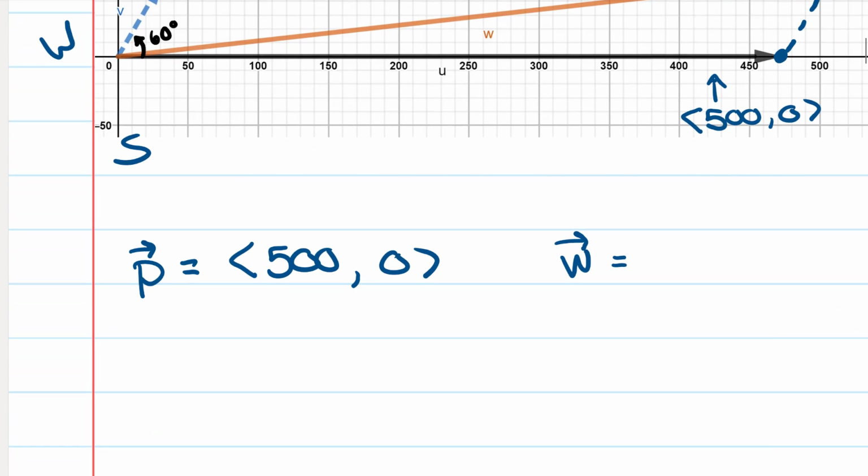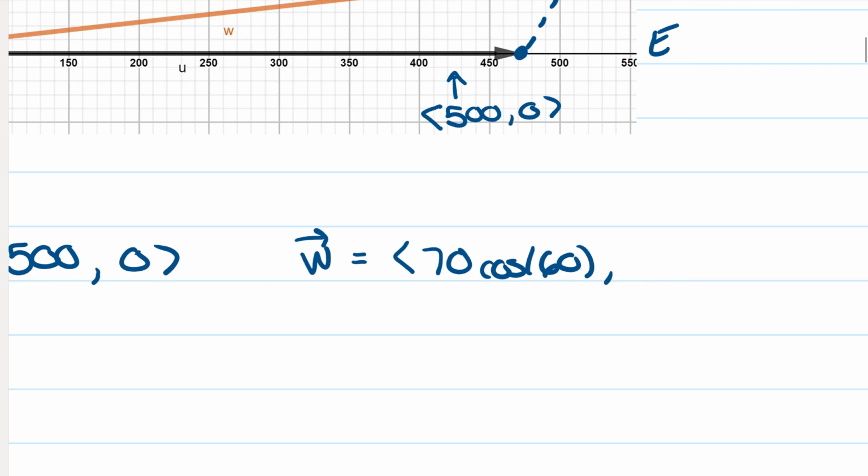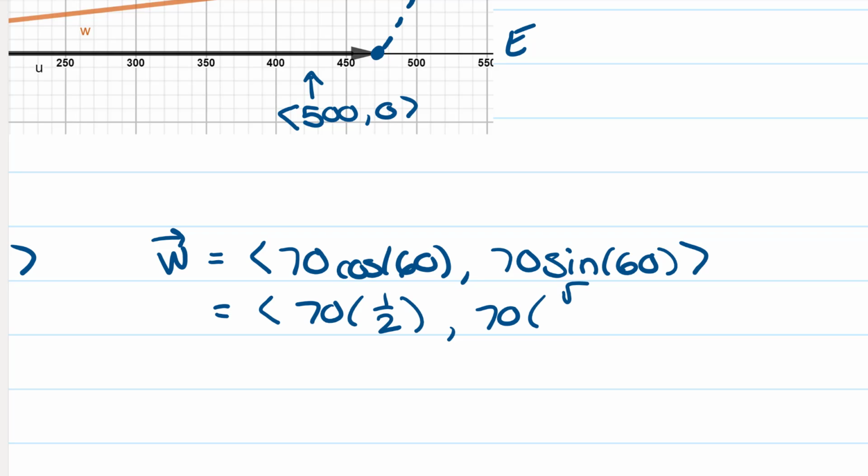So then my wind vector is 70 cosine of 60, 70 sine of 60. Now we're going to simplify that just a little bit to make our lives easier. Cosine of 60 is 1/2, and sine of 60 is √3/2. So then this is going to be 35, 35 √3. So that's my wind vector.